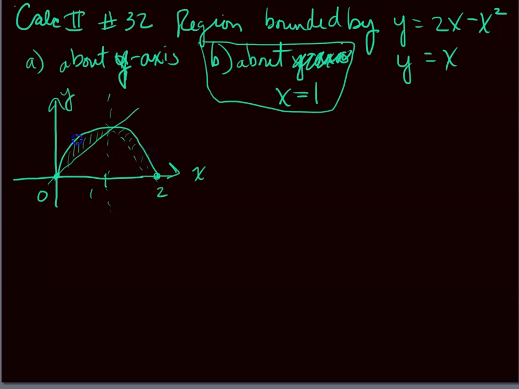Here's my representative. It's going to be a thickness going down here, and thickness going down here. So all of these cylindrical shells, we need the rate of, let's go the steps.